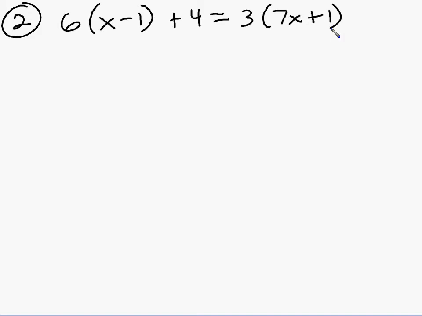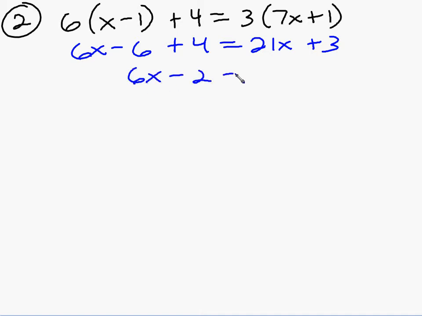So I would distribute 6x minus 6 plus 4, and I would distribute the 3, 21x plus 3. Make sure you combine your like terms correctly. So I would have 6x minus 2 equals 21x plus 3. And then isn't it just like the last one from this point on? Okay? I'm not going to finish that one. Let's keep moving.